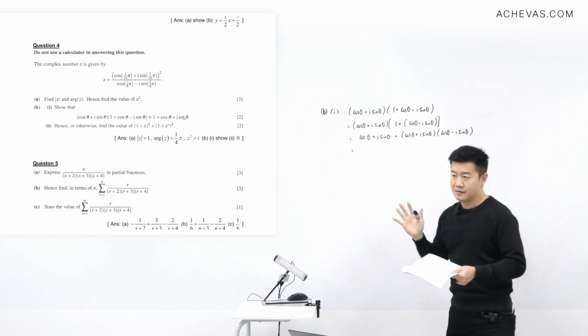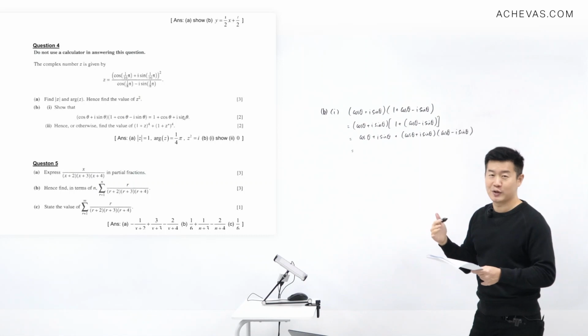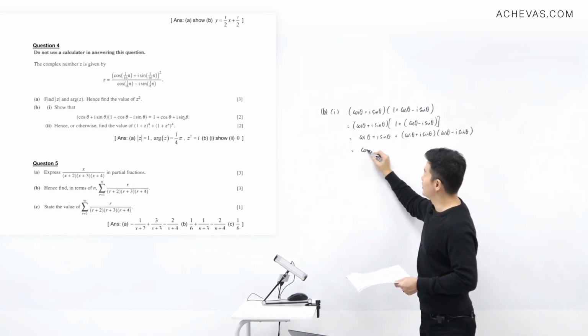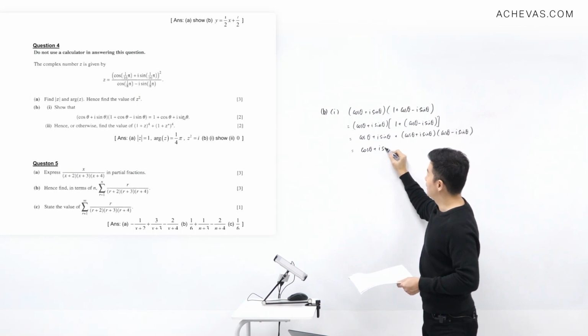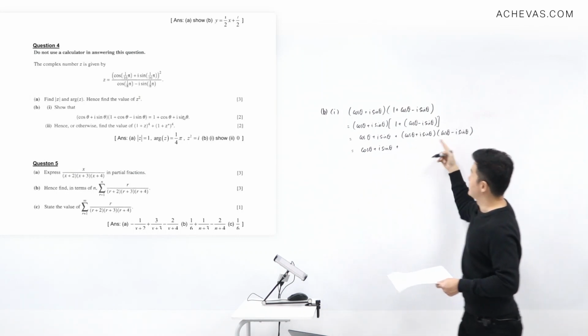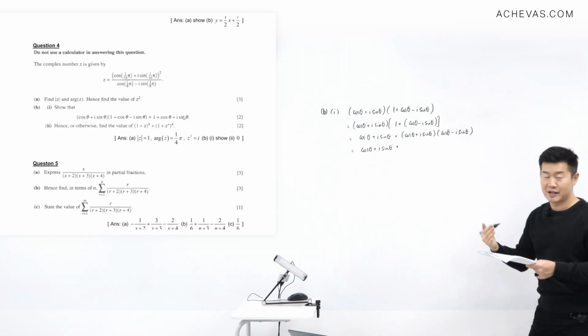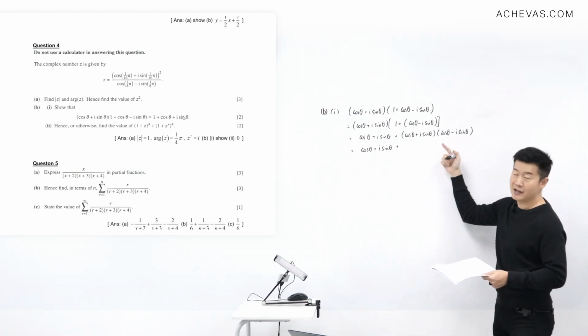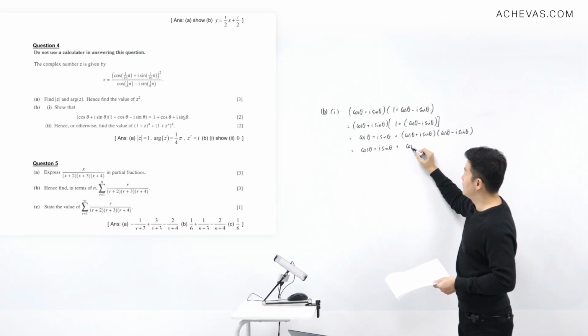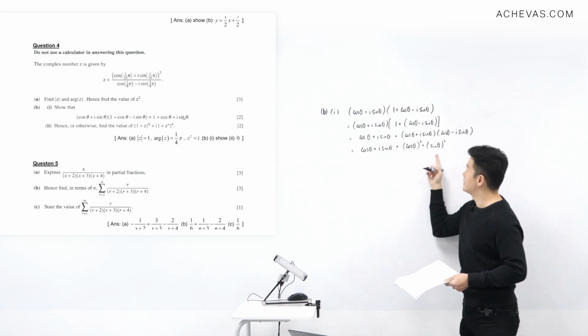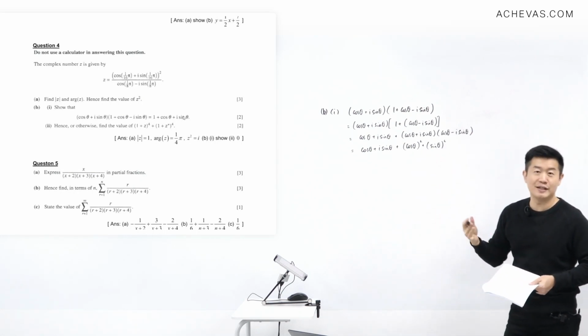I think that is a very important thing that we are supposed to learn through H2 math: thinking. So this is going to be cosine theta plus i sine theta. How about this? A plus B multiplied by A minus B is going to be A squared minus B squared, but this is a complex number with an i here. So applying what we have learned in complex numbers, it is going to be this square plus sine theta squared. So we have sine squared theta plus cosine squared theta, which is equal to 1.